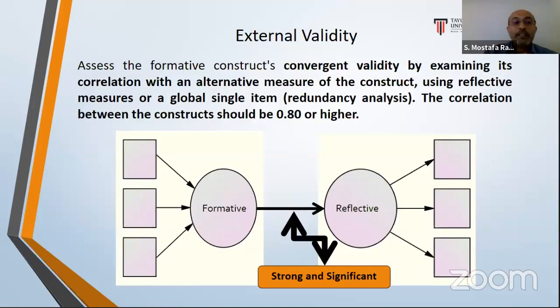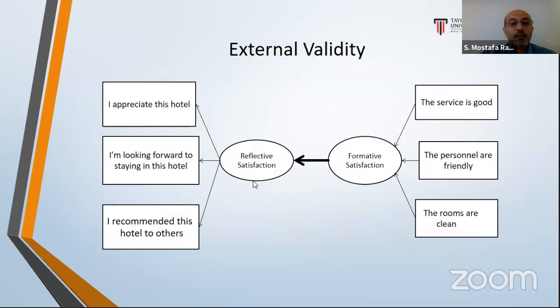When we develop our questionnaire and our construct is formative, we need to add some reflective items or one overall item to measure this concept. For example, if our concept is satisfaction and we measure satisfaction formatively, we need to add some reflective items or one overall item, for example: overall, are you satisfied, and what's the level of your satisfaction with this product, with this hotel?